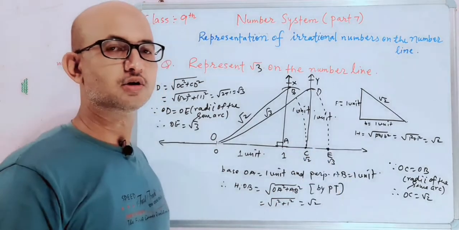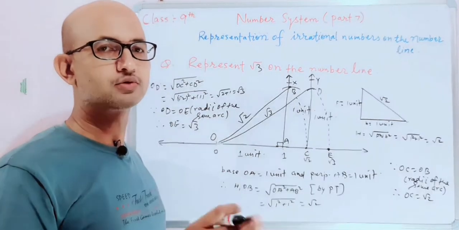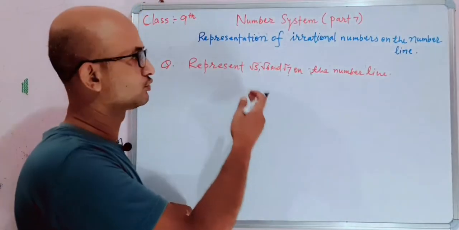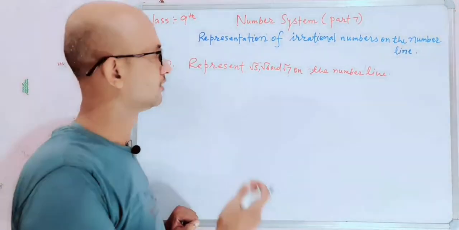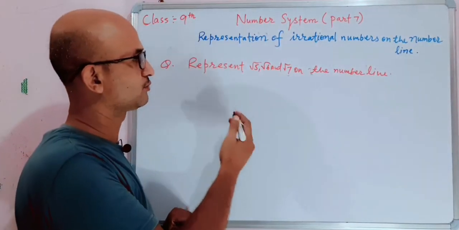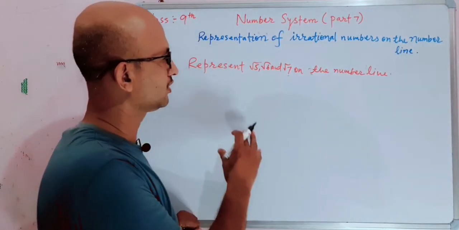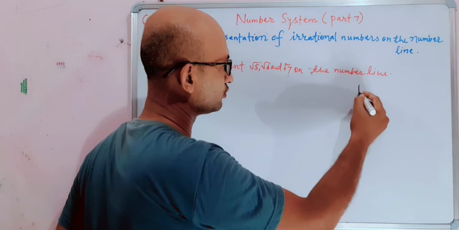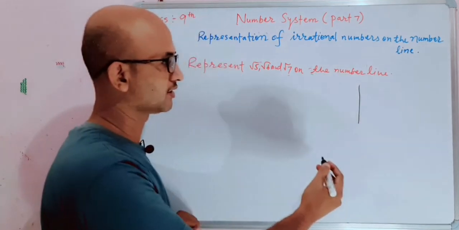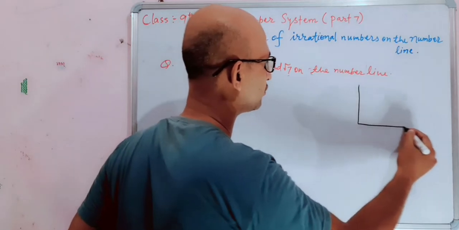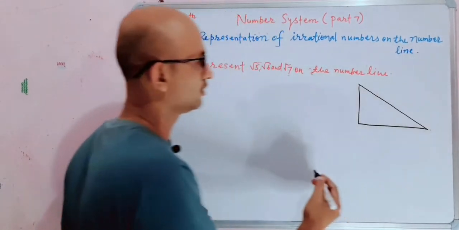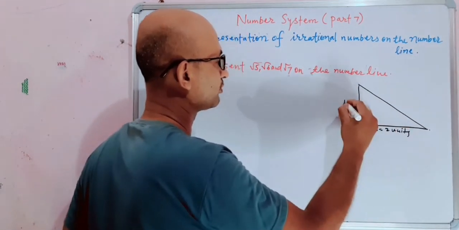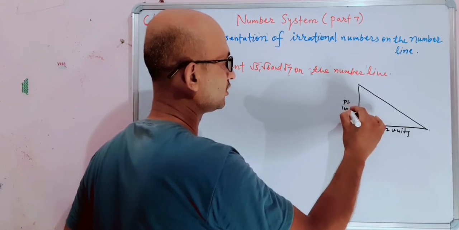Now, dear students, we will learn to represent root 5, root 6 and root 7 on the number line. First we learn to represent root 5. To represent root 5, we draw a right angle triangle having hypotenuse root 5. For that, we draw a right angle triangle of base 2 units and perpendicular equal to 1 unit.